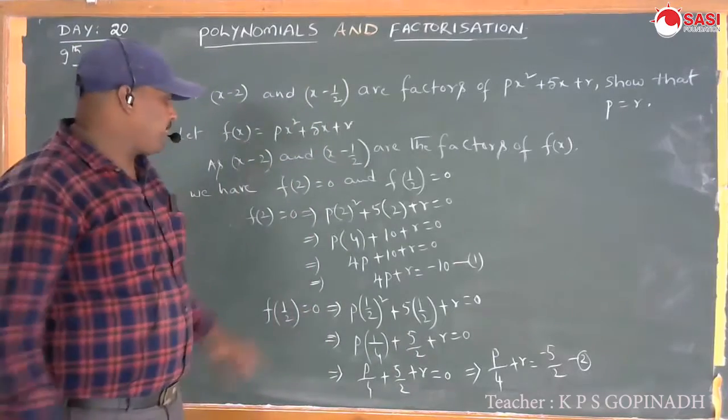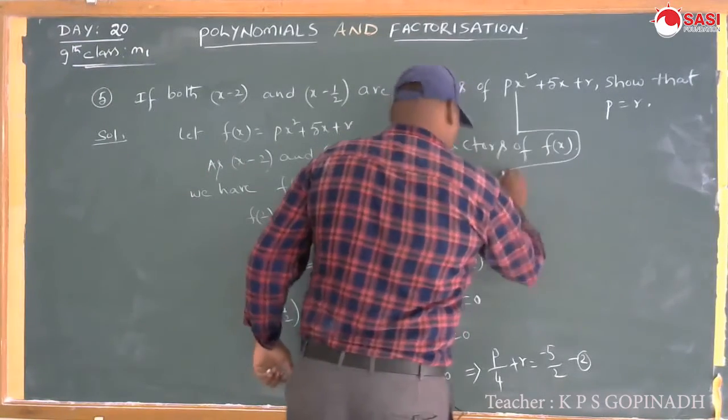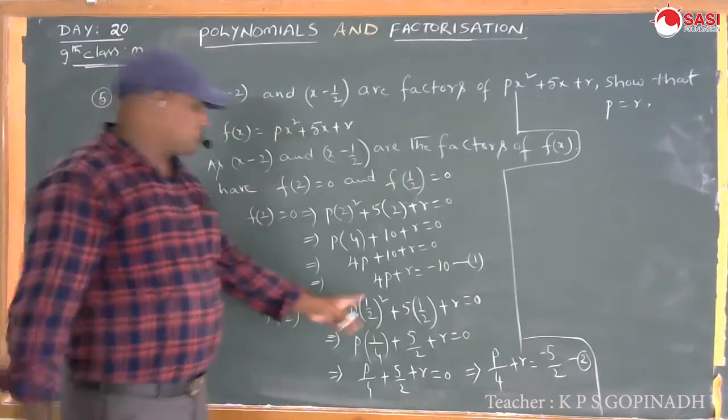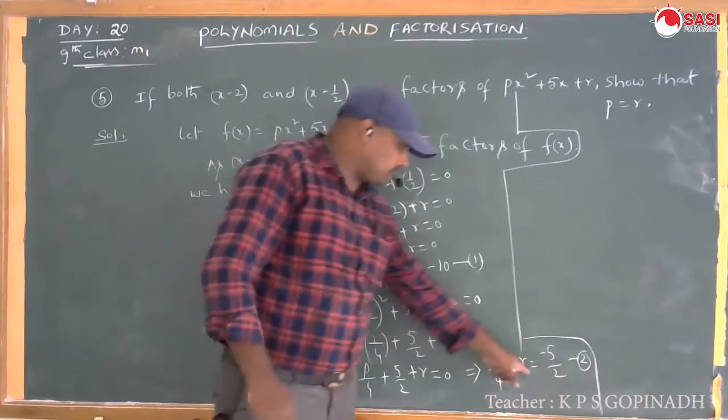Okay. So now here you got two equations: 4p plus r is equal to minus 10 and p by 4 plus r is equal to minus 5 by 2.